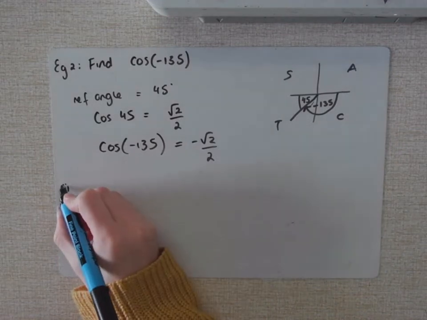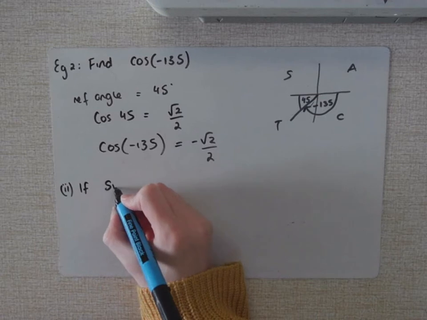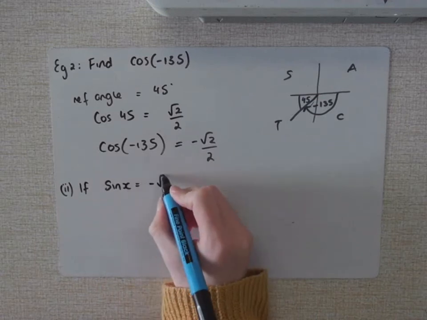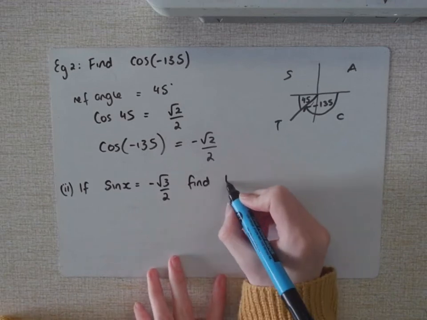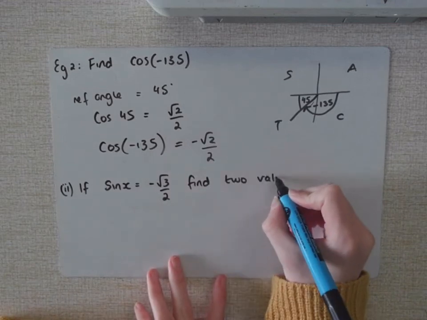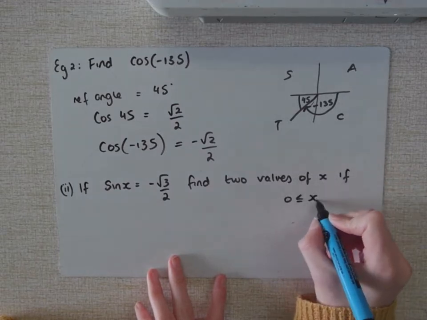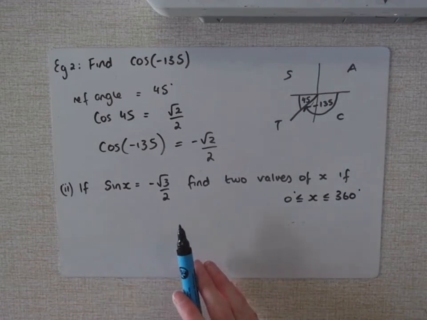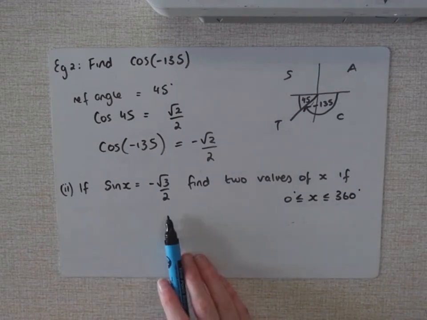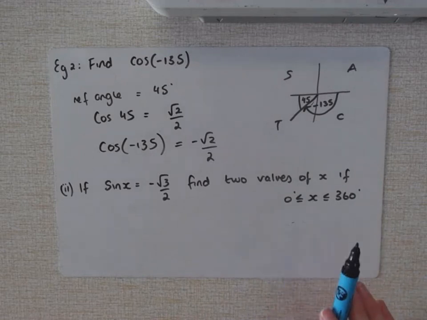Part 2 of this, which is going to lead us on to the next thing that we're going to do. If sine of x is minus root 3 over 2, find two values of x if x is between 0 and 360.